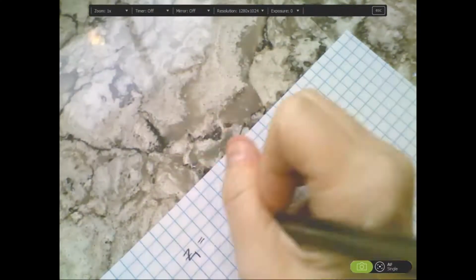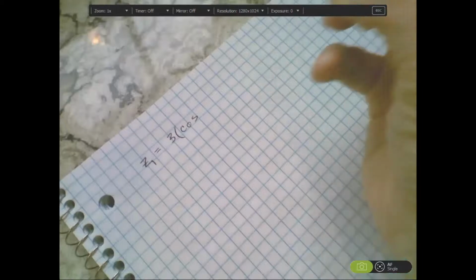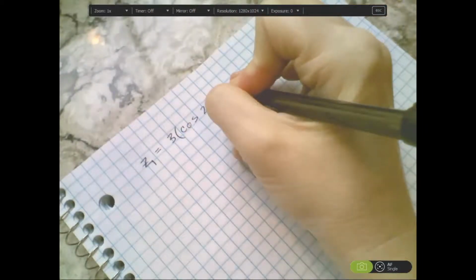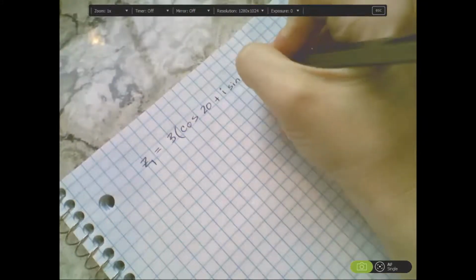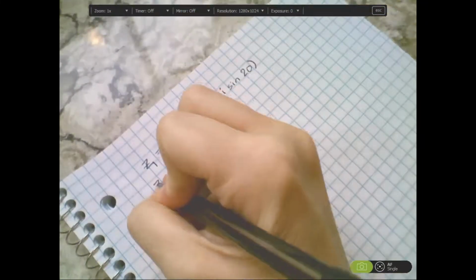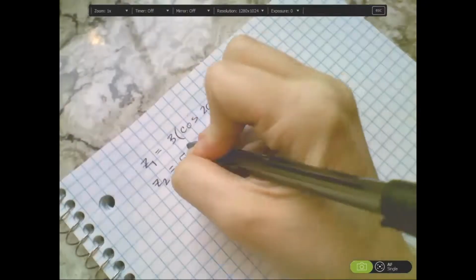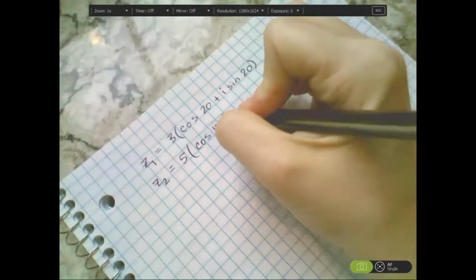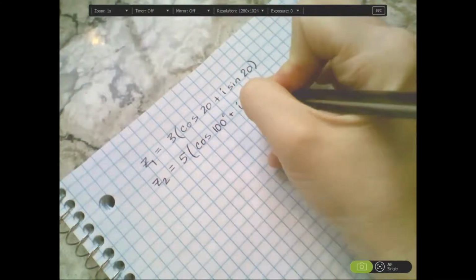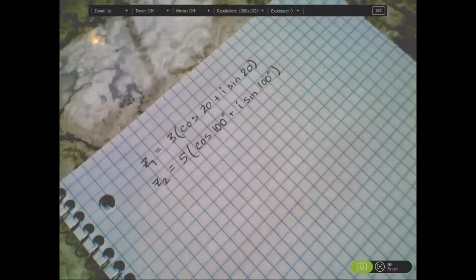So this is 3 cosine 20, i sine 20. Then we had 5 cosine 100, i sine 100. So we're going to divide.